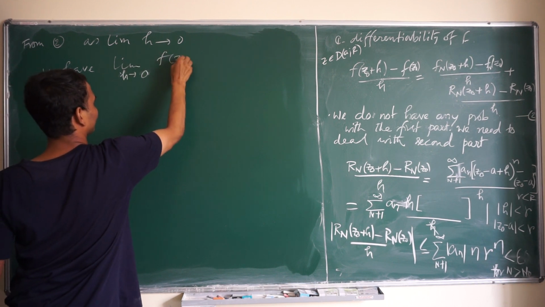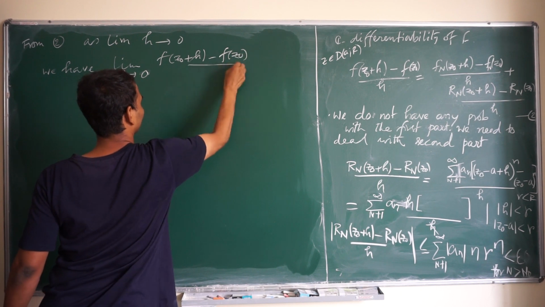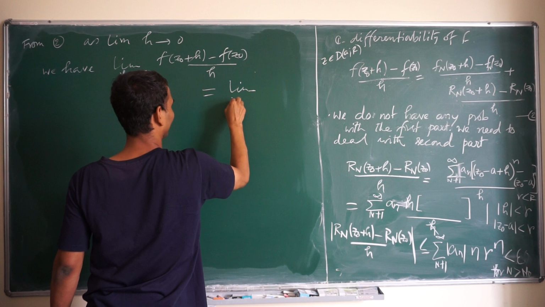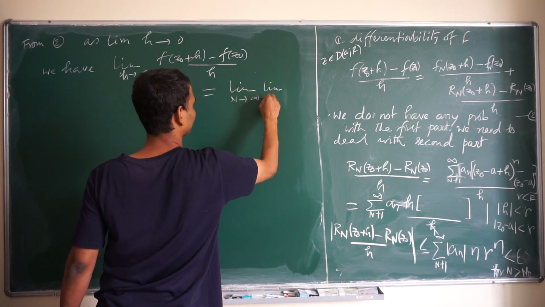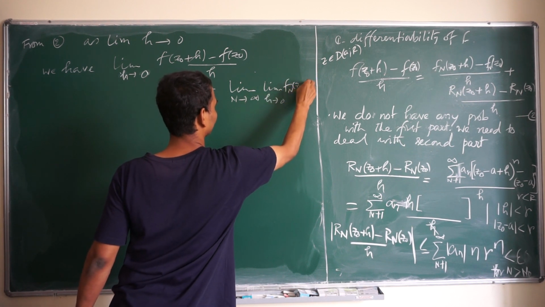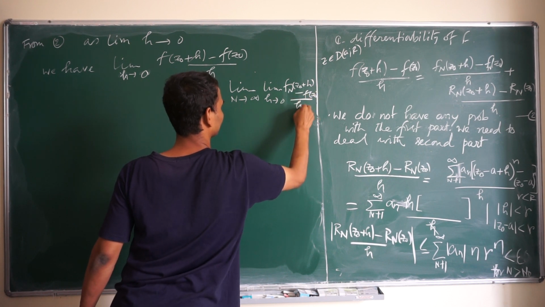The limit as h tends to 0 of (f(z0 plus h) minus f(z0)) by h is the limit n tends to infinity, the limit h tends to 0, of (fn(z0 plus h) minus fn(z0)) by h.